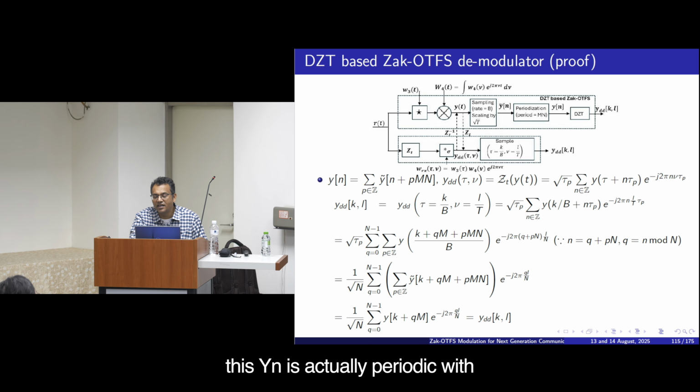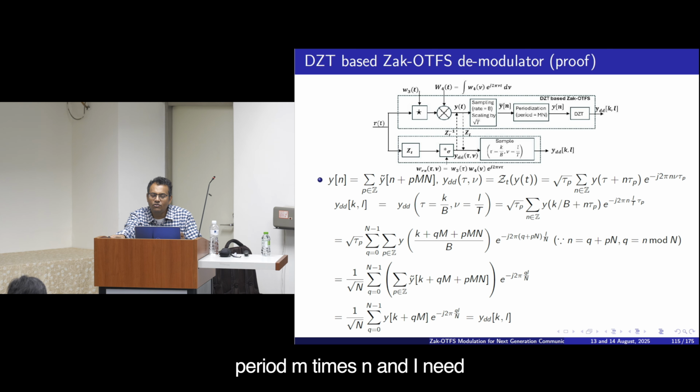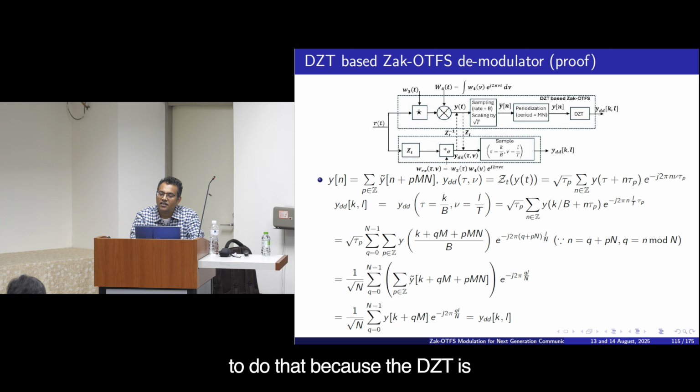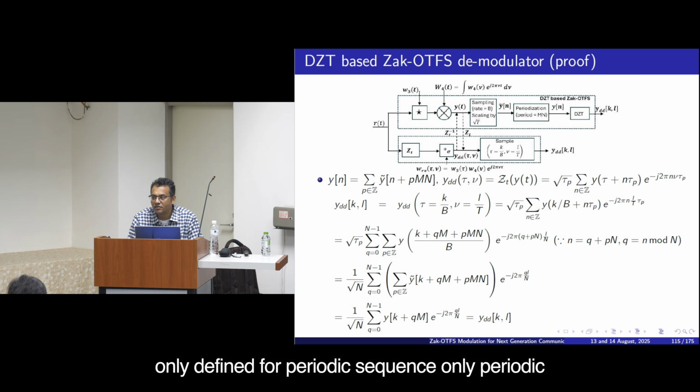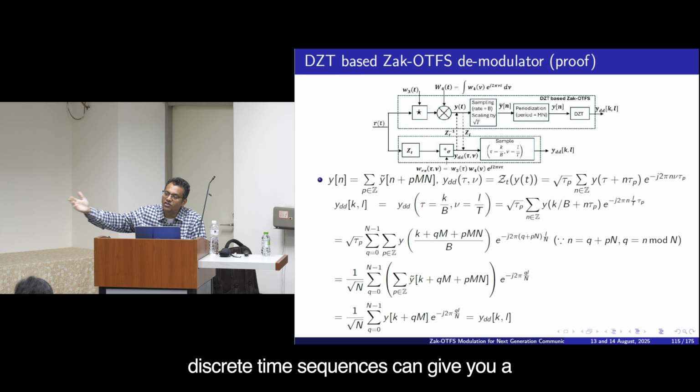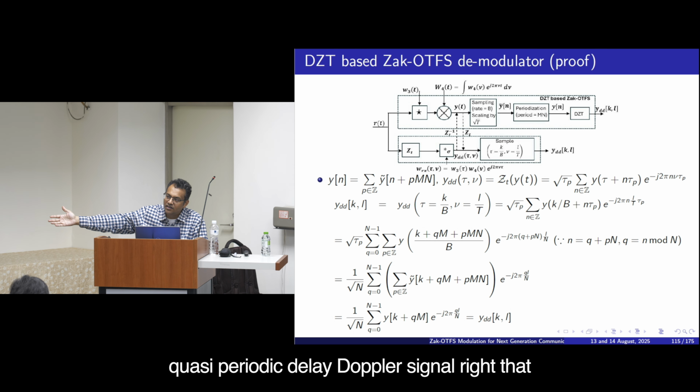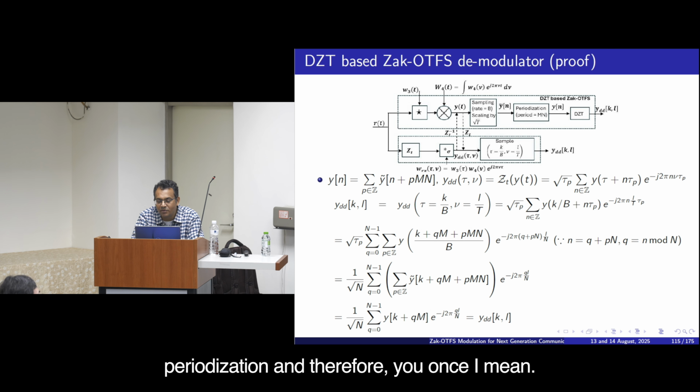It is actually periodic with period M times N, and I need to do that because the DZT is only defined for periodic sequences. Only periodic discrete time sequences can give you a quasi-periodic delay-Doppler signal, right? That is why I had to do this periodization.